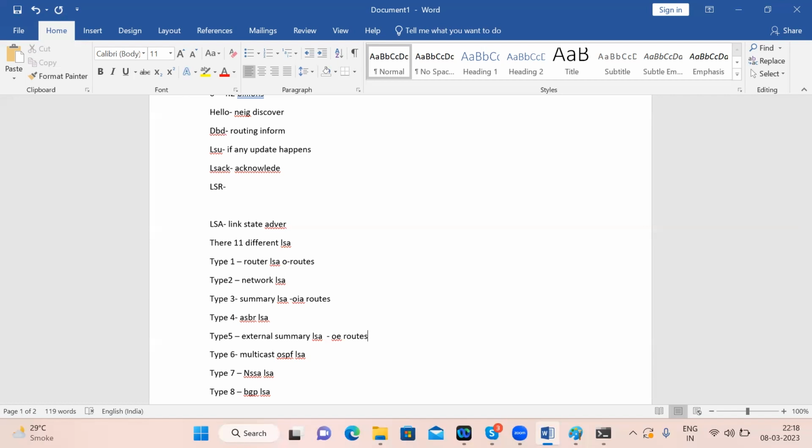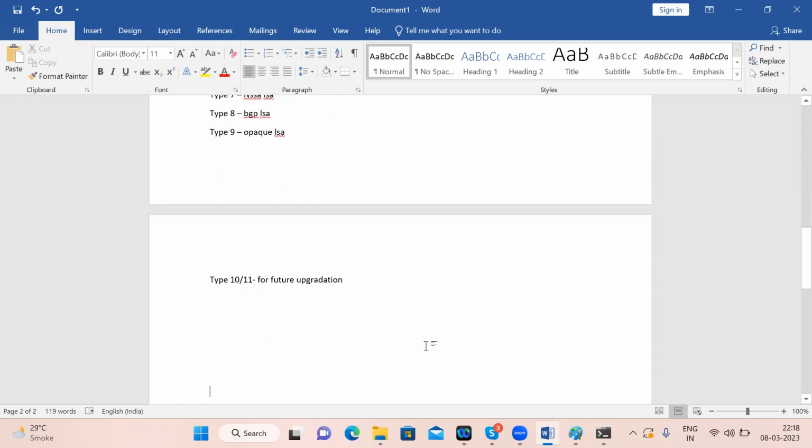What are the different routes you can see in it? O routes, OIA routes, OE routes: OSPF routes, OSPF inter-area routes, and OSPF external routes. In our next session, we will see the routing types.